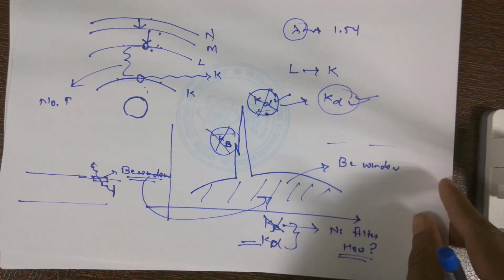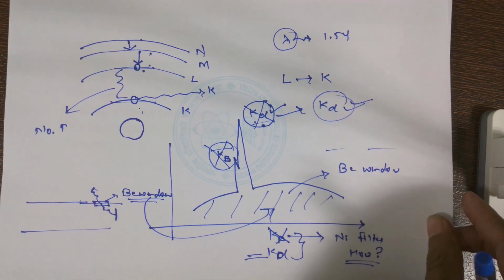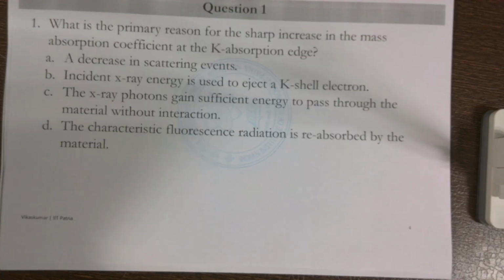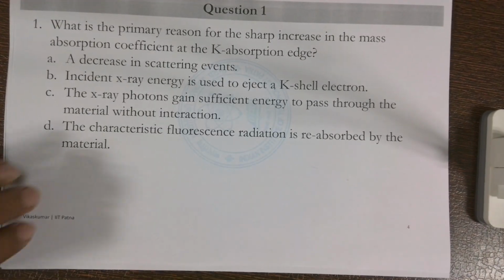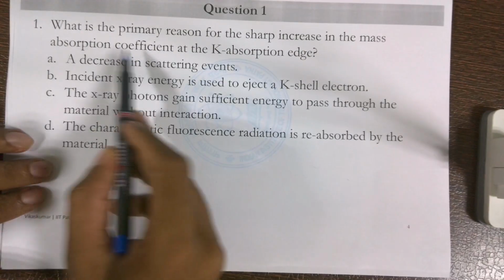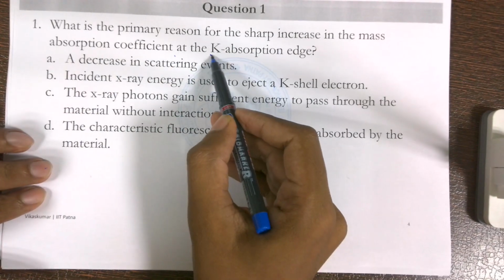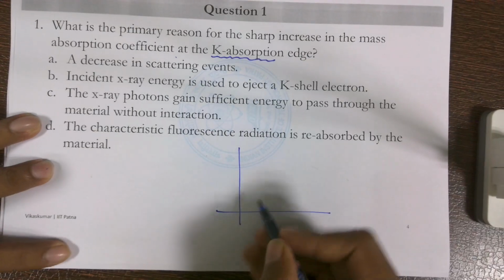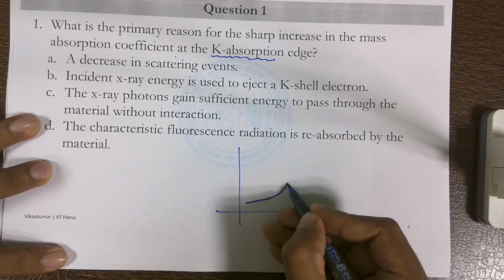Here we talk about the different transition energy levels which occur in our specimen. So now let's talk about this. What is the primary reason for the sharp increase in the mass absorption coefficient at the K absorption edge? They are asking what the reason is for this to occur.